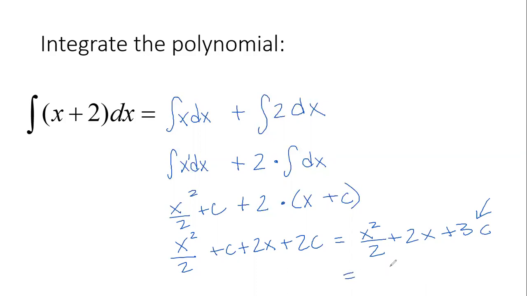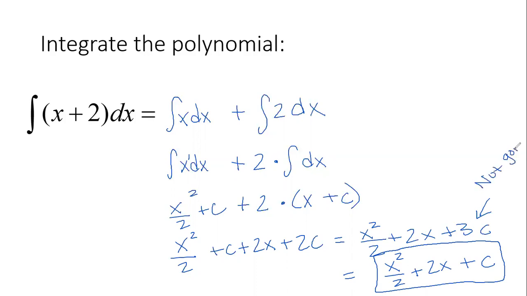So our integral here is actually just going to be x squared over 2 plus 2x plus c. Even though you end up with 3 c's, that doesn't change what that constant is going to be. So we're not going to worry about that 3 at all. It does not matter that it's there. We're only going to write one singular c in our answer.